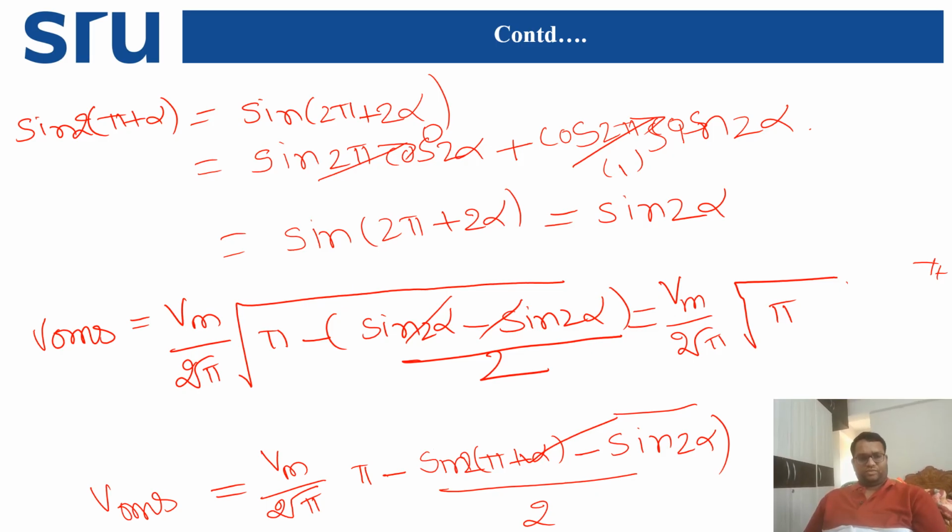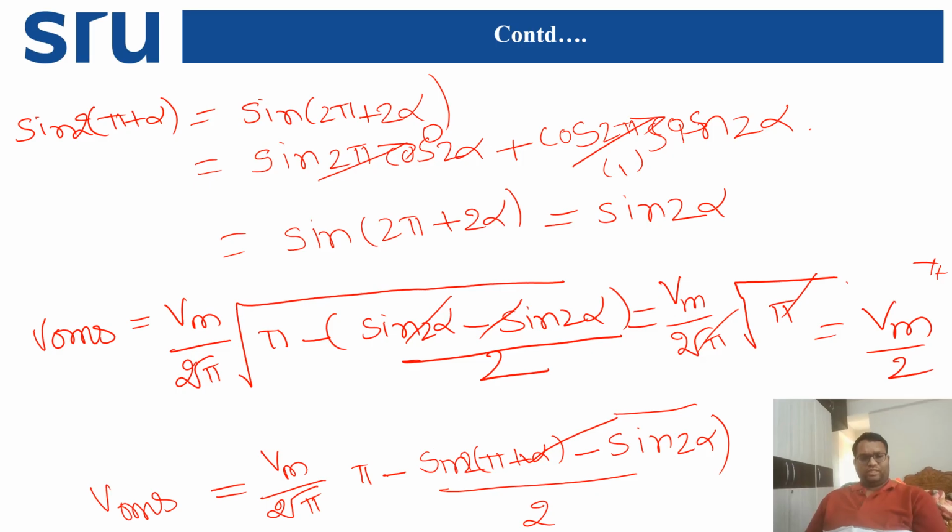V naught RMS is equal to Vm by 2 root pi, square root of pi minus sine 2 alpha, and sine 2 alpha will get cancelled. This 1 by 2 will be there. Root pi cancels, then Vm by 2 will be there. So this is the basic information which we have obtained.